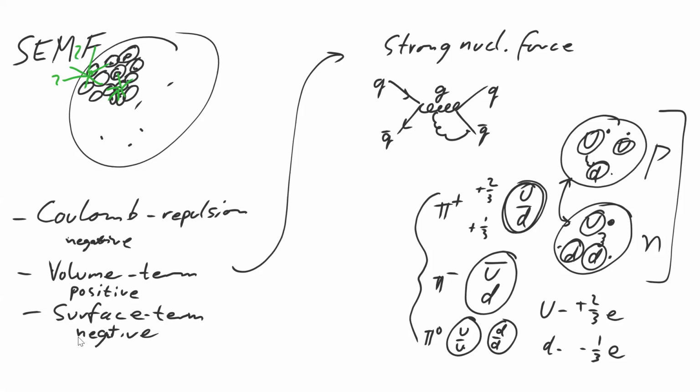Then you can just measure what nuclei are stable and which ones are not, and which ones are tightly bound and which ones are not so tightly bound. And you realize maybe you need a couple of other terms to really make it work out nicely.